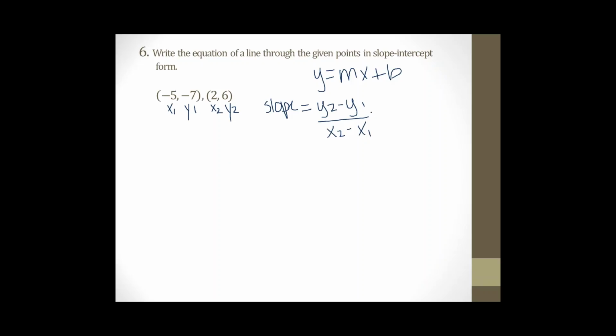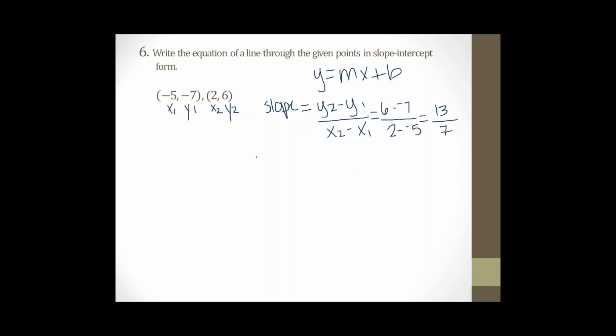Now that I've labeled my points, let me plug in those values. We've got 6 minus negative 7 over 2 minus negative 5. So 6 minus negative 7 is positive 13, over 2 minus negative 5, which is positive 7. So the slope of our equation is 13 over 7.